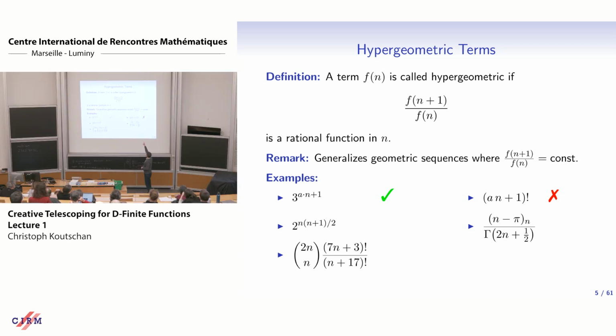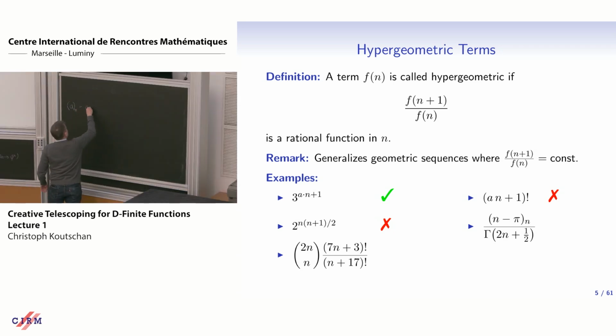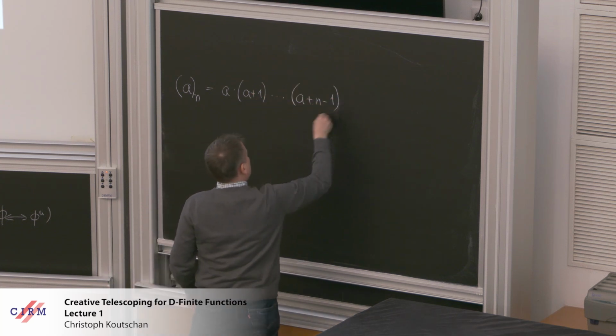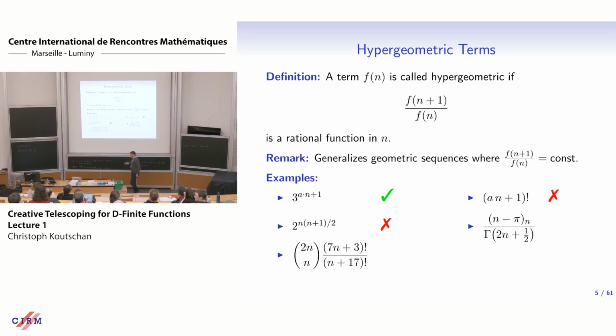Here, if we shift n by 1 and then take the quotient, these things are not going to cancel away and we are not left with a rational function. So this is not hypergeometric, and similarly, this one is not. Here, I should say, this notation in the numerator is the so-called Pochhammer symbol, defined as a sub n is a times a plus 1 up to a plus n minus 1, the so-called rising factorial.